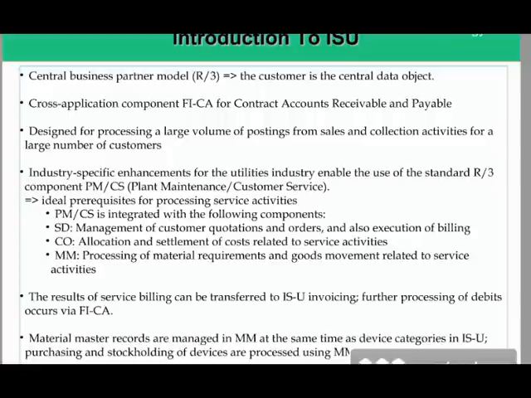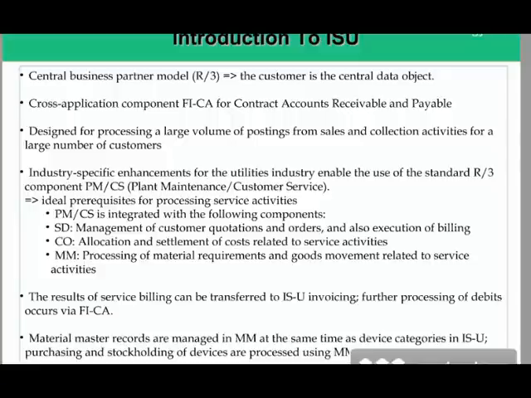Then there is the sub-ledger, contract account receivable and payable, which deals with the large volume of customers and gets linked with the core application component. This is how data gets exchanged between the core modules and SAP ISU.